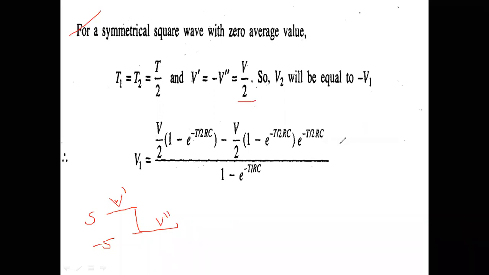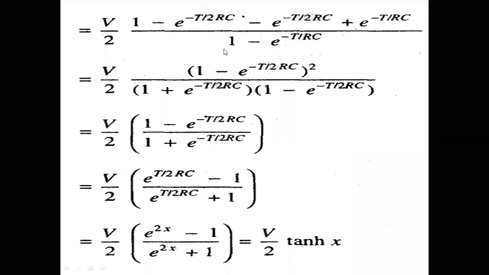If we substitute these values in V1 and V2, we may get new equations. V1 is this equation, and if we further simplify, finally you may get V2 by tanh x. Why are we doing all this simplification? In order to represent it in terms of hyperbolic functions.